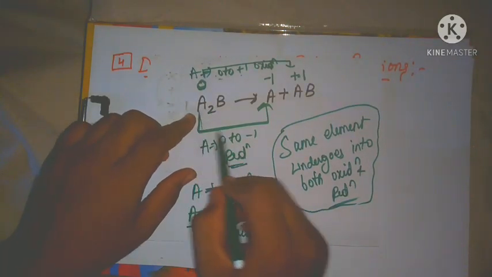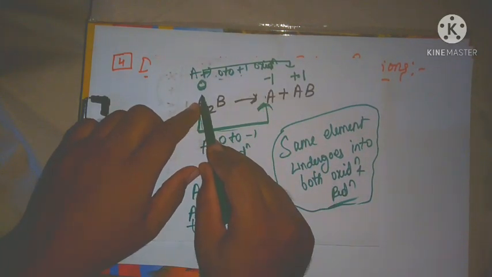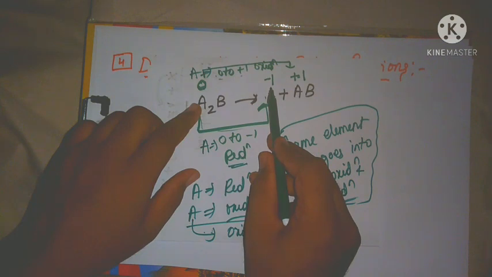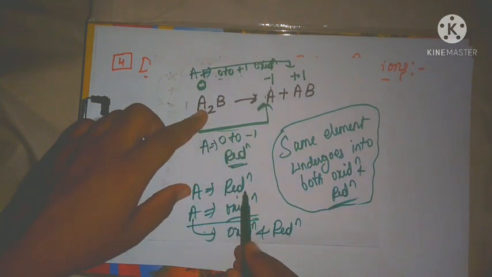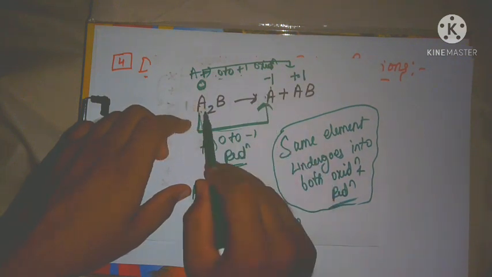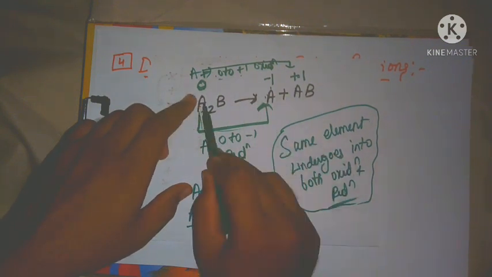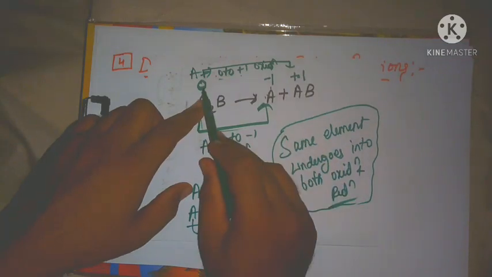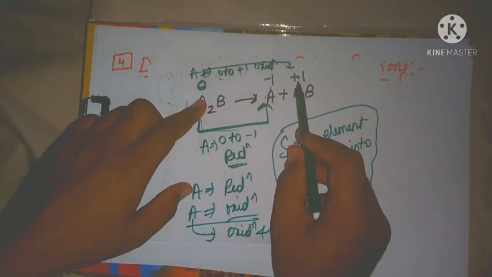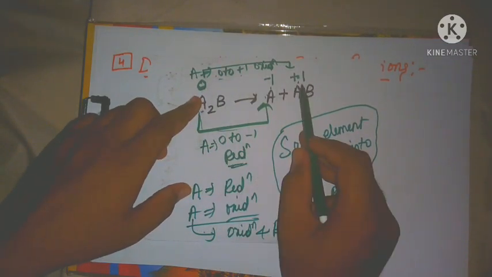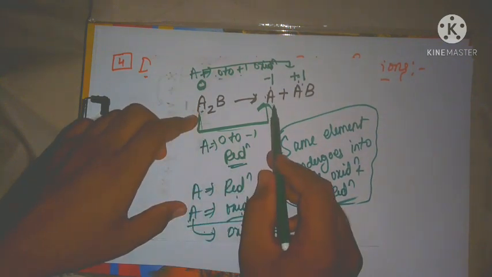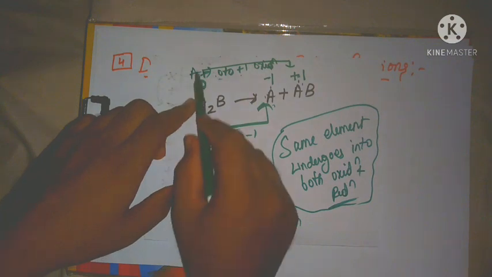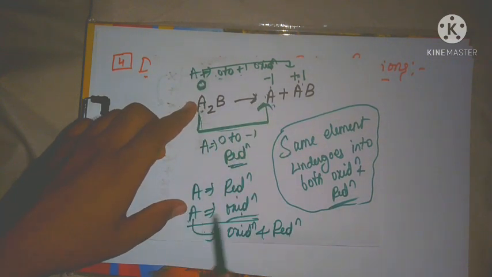Just check from here to here. A's oxidation number is 0, and then -1, so A is undergoing reduction because the oxidation number is decreasing. From this A to this A, the oxidation number is +1, so it is increased, and A is undergoing oxidation. In the first reaction A is undergoing reduction, in the second A is undergoing oxidation.